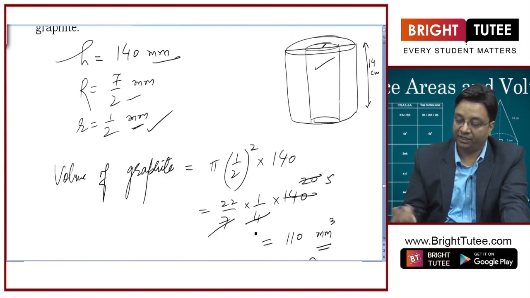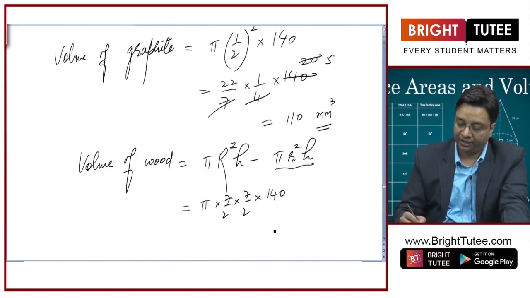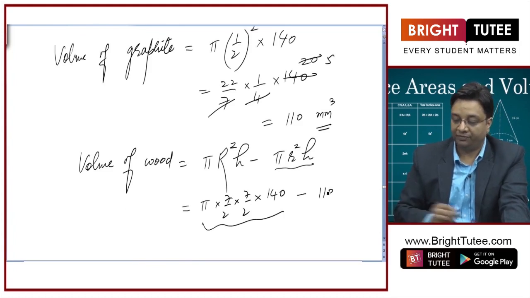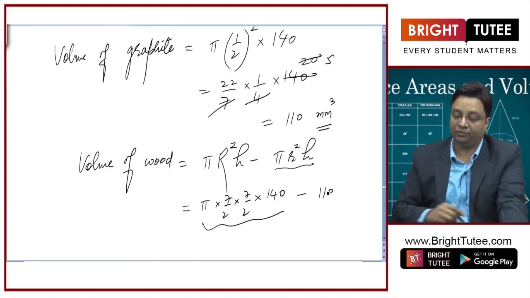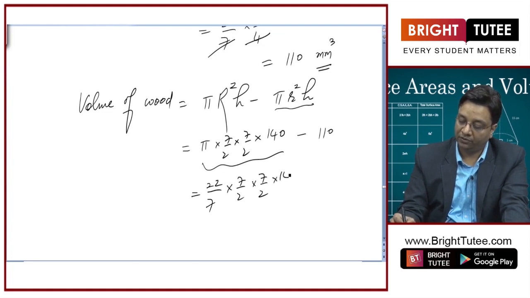Height is same for inner and outer, both 140 mm. So this outer cylinder will have a volume of this much, and we will subtract volume of graphite from it to calculate the volume of wood. Hence it is equal to 22 by 7, into 7 by 2, 7 by 2 into 140 minus 110.